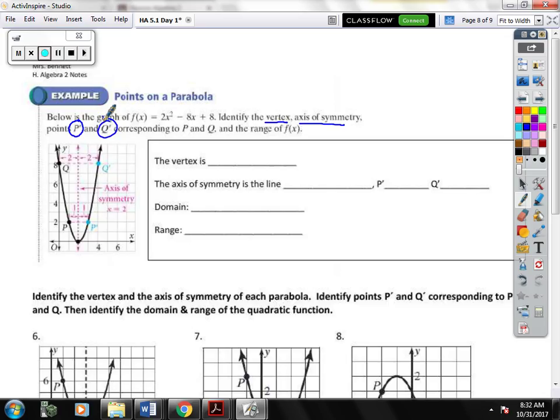What these points are representing is the reflection across the line of symmetry. Anytime you see this little notation, these are both points that are reflections across the line of symmetry. So you're going to take P and reflect it across, and that'll give you P prime. You'll take point Q and reflect it across the axis of symmetry, and you'll get Q prime.